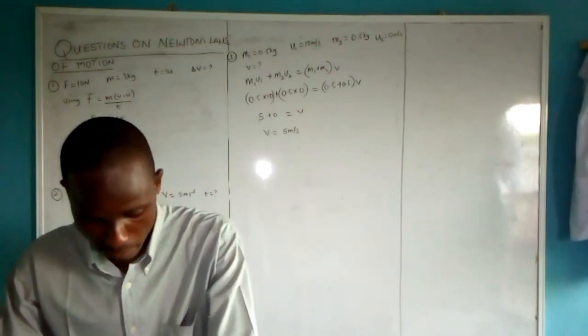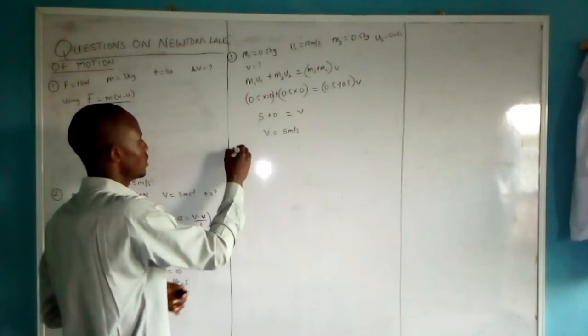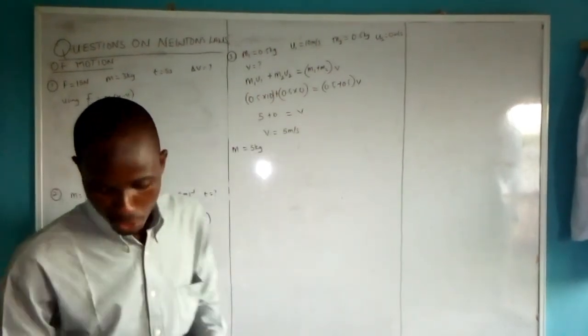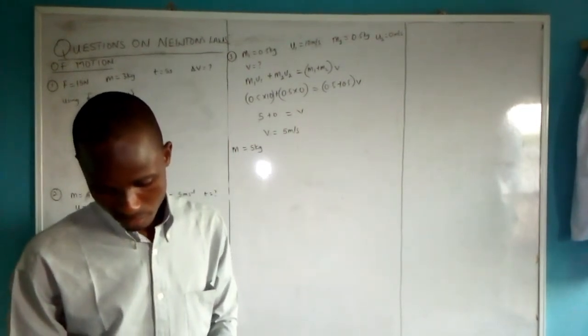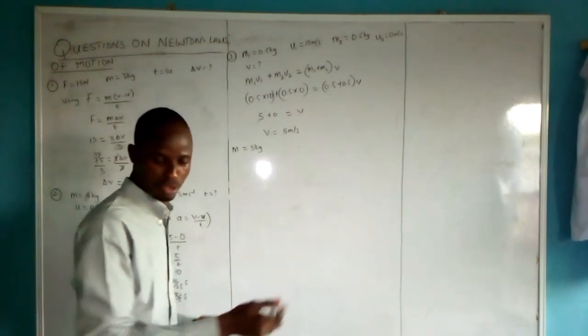Okay, let's look at this. A machine gun of mass 5 kg fired a 50-gram bullet at a speed of 100 meters per second.